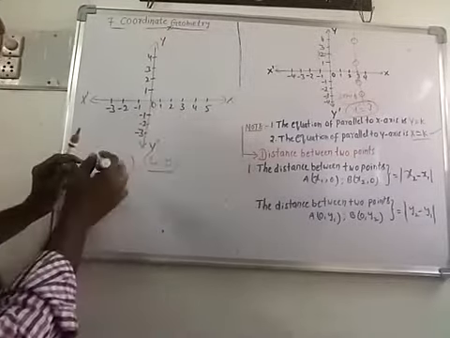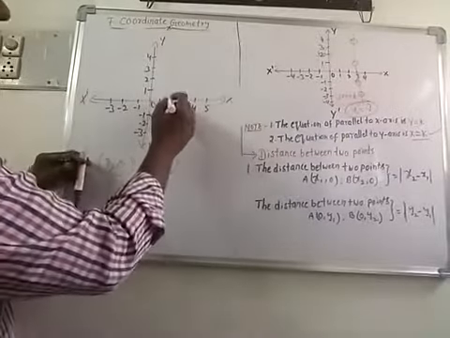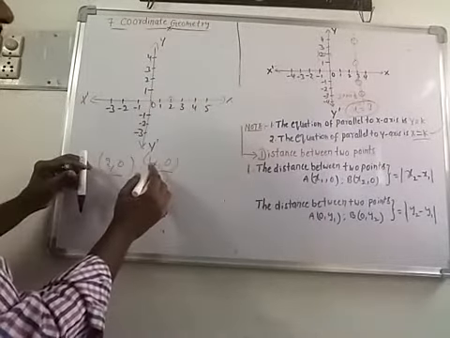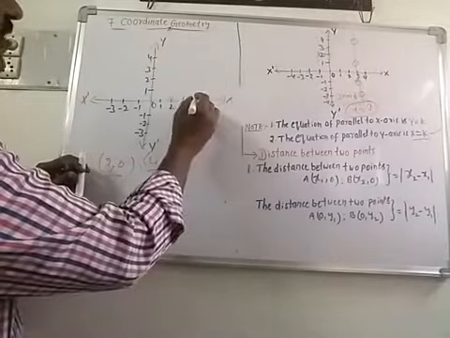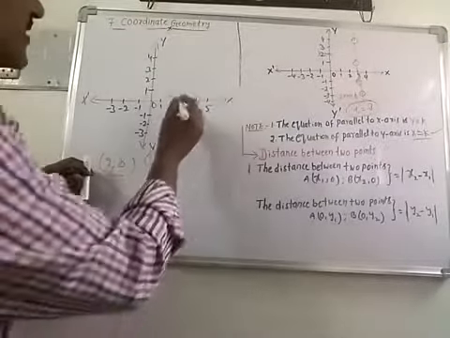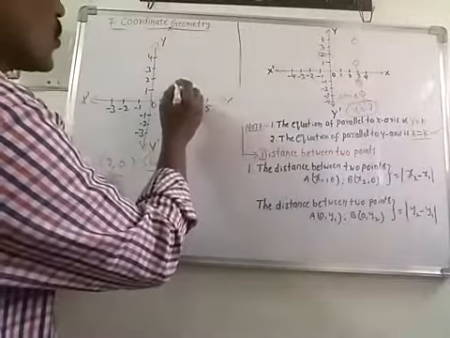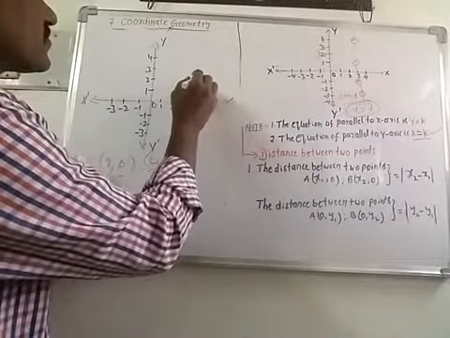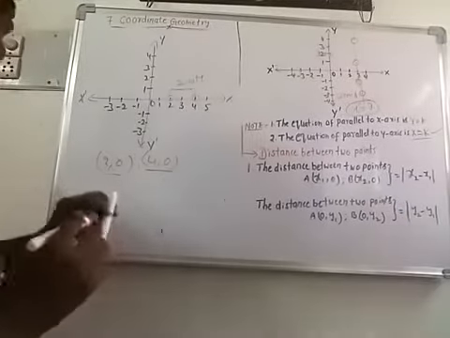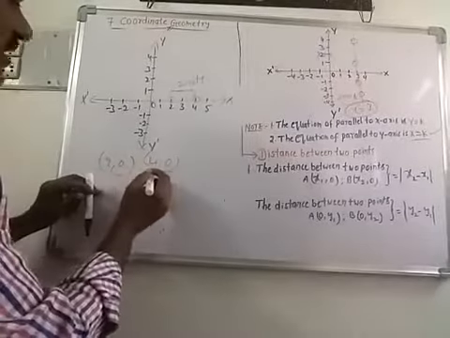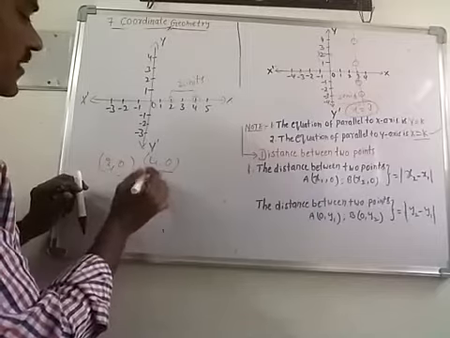Here this is (2, 0), and this is (4, 0). So what is the distance between them? That is 2 units. That is the difference between the x coordinates.